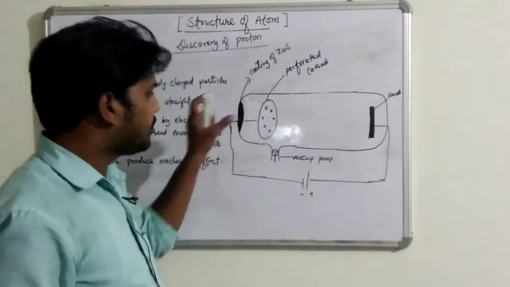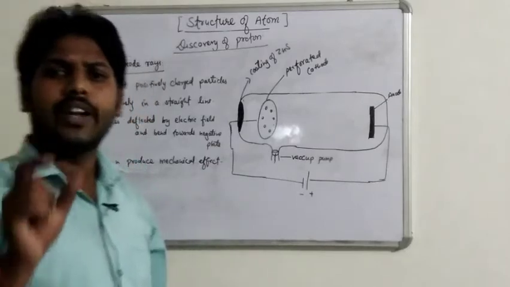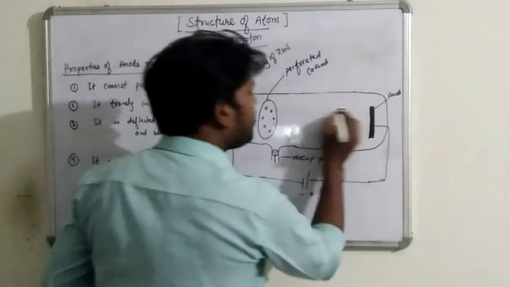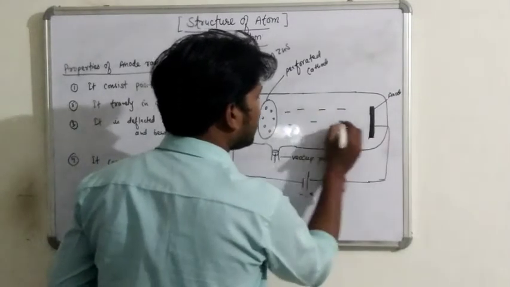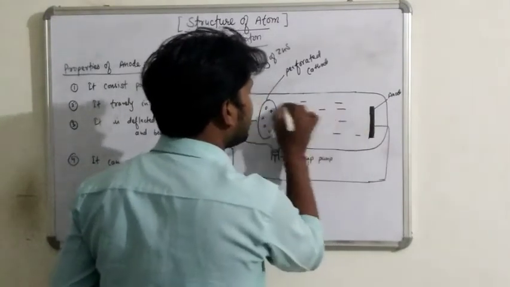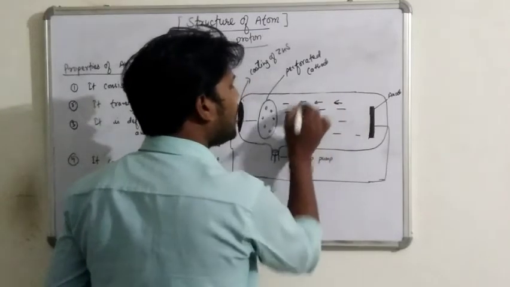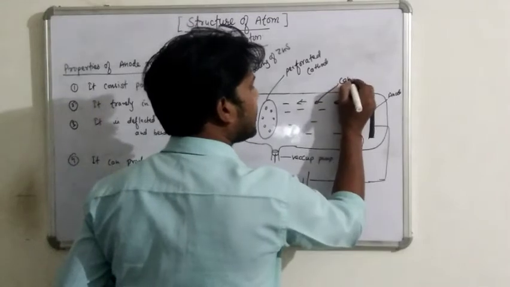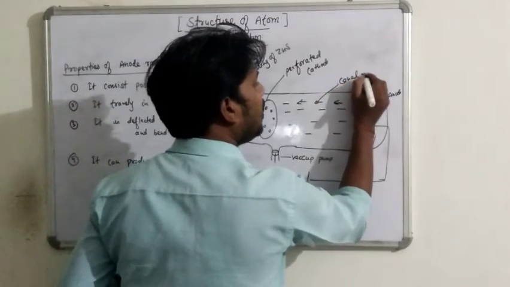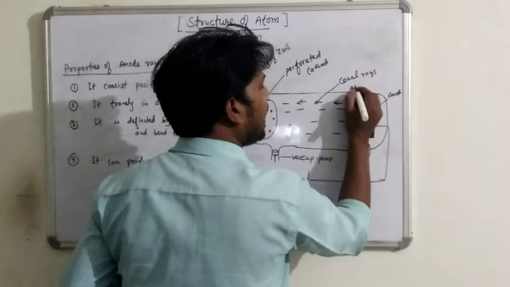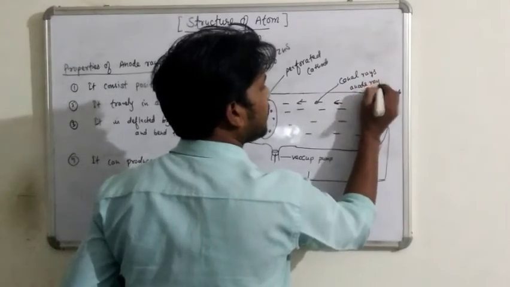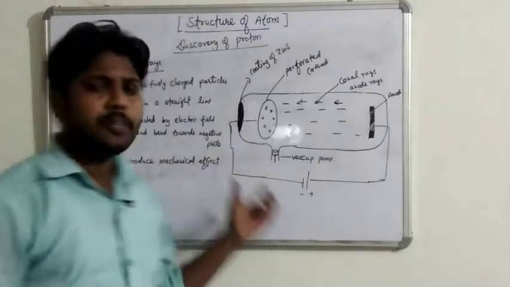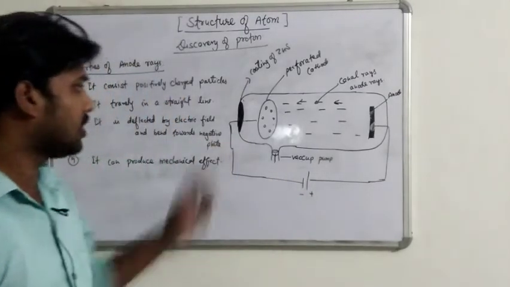So this experiment was successful in the discovery, because these particles which are moving from anode to cathode are known as canal rays, or you can say anode rays.